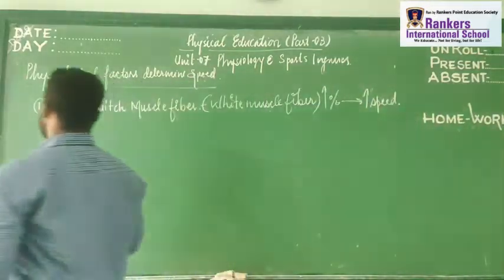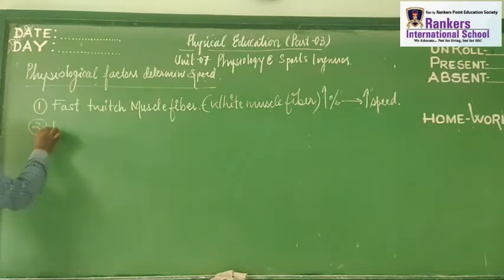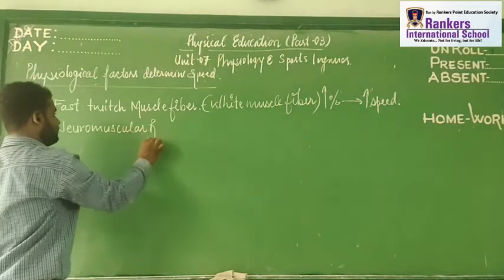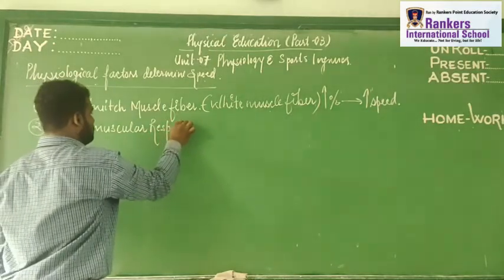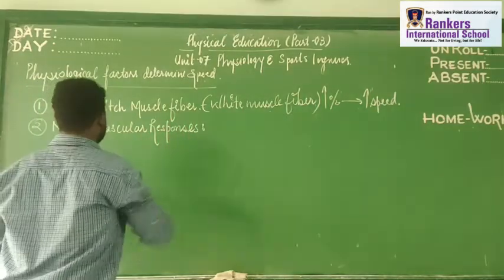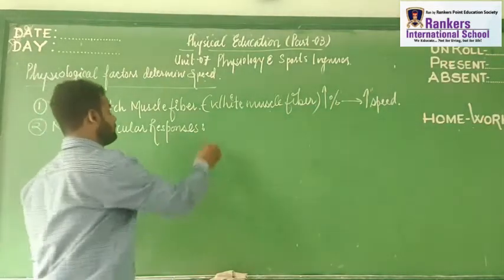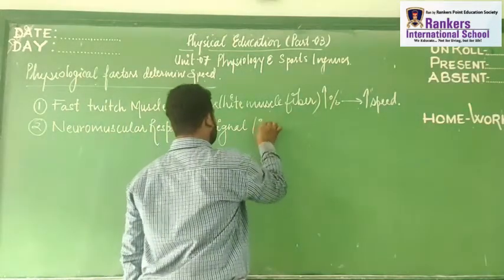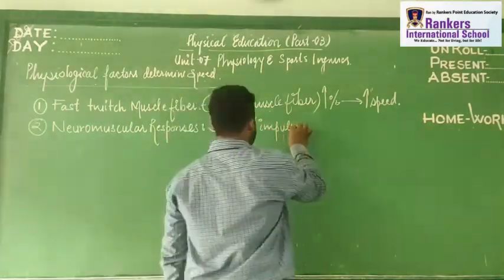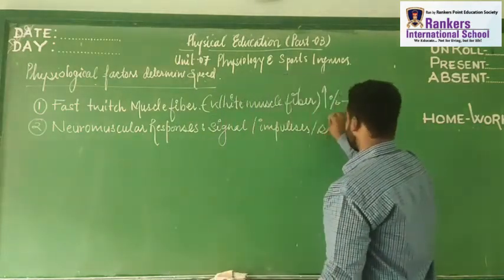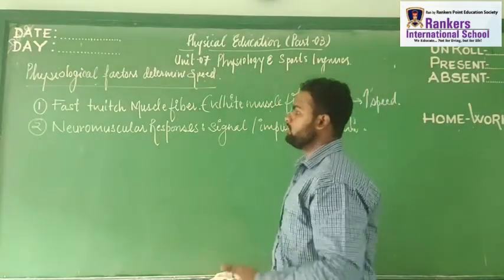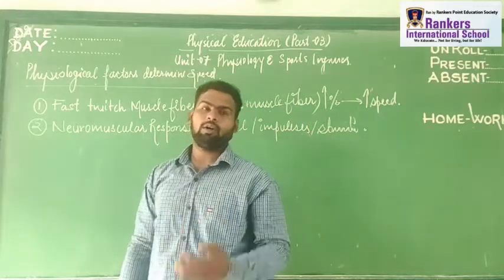Next is neuromuscular response. Neuromuscular response works through signals, impulses, stimulus. The neuromuscular system is basically the connection of the spinal cord and your brain.